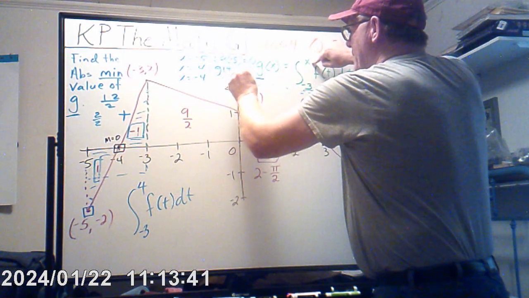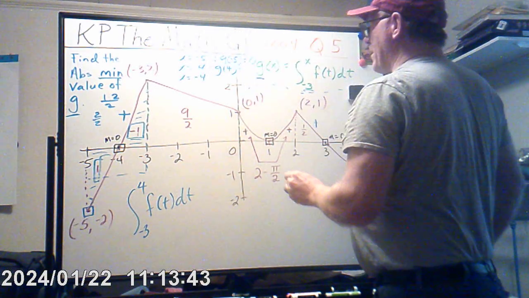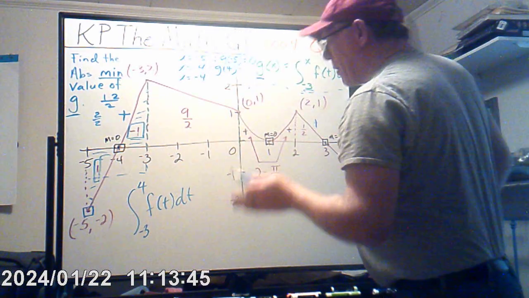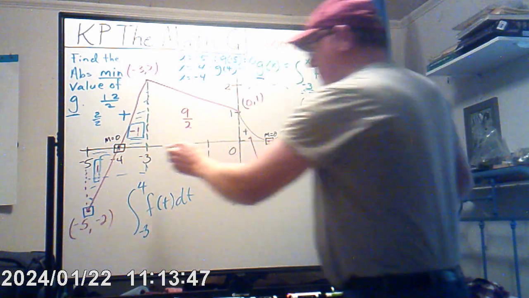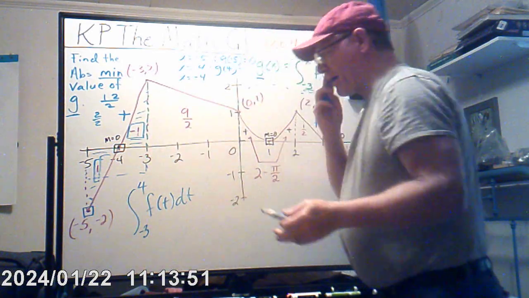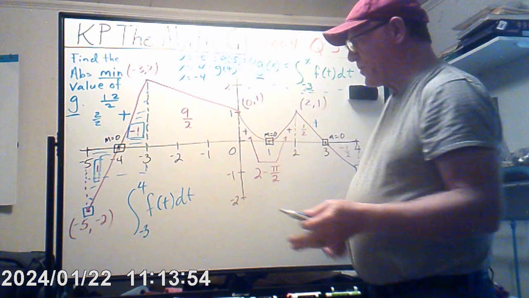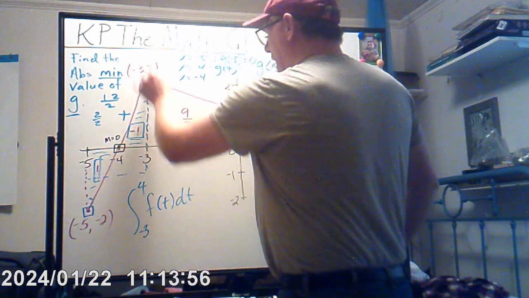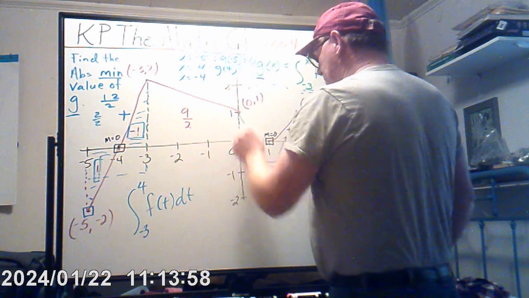Now I want to show you something, so that we won't be going into a whole bunch of stuff here. We've already found this to be 9/2. Alright, and I could show you how this is a trapezoid. This height is 2 and this height is 1.